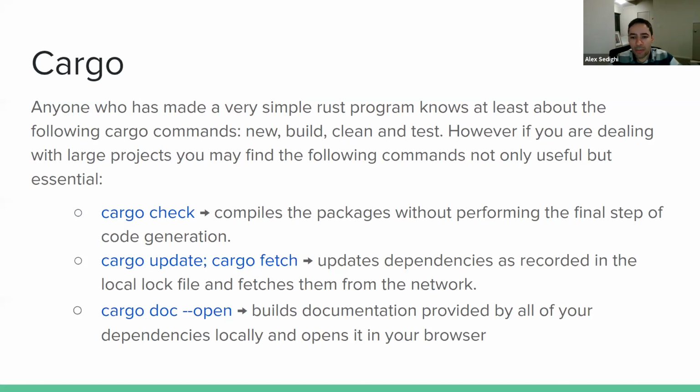So if you'd like to compile a package, but you don't want to waste time with the final step of actually linking and generating the binary, which in many projects might be the step that takes longer, cargo check would help you a lot, especially if you are working with a very big code base, like the one that we have in Centrality and like Parity companies.